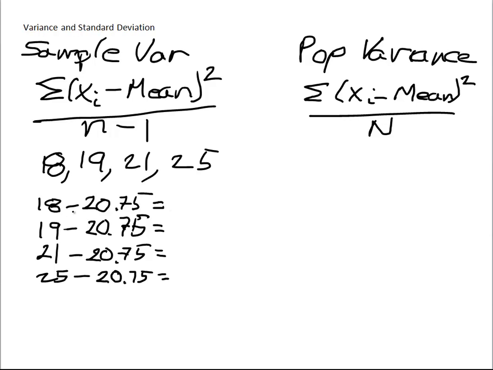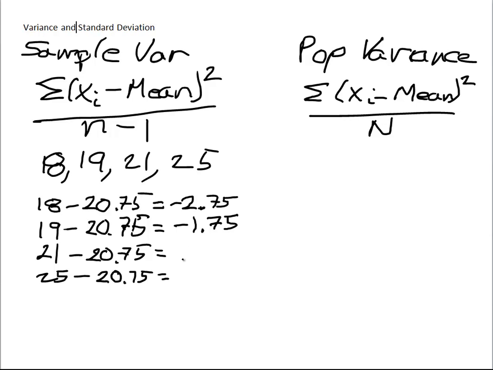Now notice, all we're really doing, if we subtract the mean from each one, is saying how far away from the mean. How much do you vary from the mean? Well, 18 is a little over 2 years less than the mean. So I subtract that, and it's negative, it's almost 3 years, 2.75 years less than the mean. 19 is 1 less because it's a year older, so 1.75 years younger than the mean.